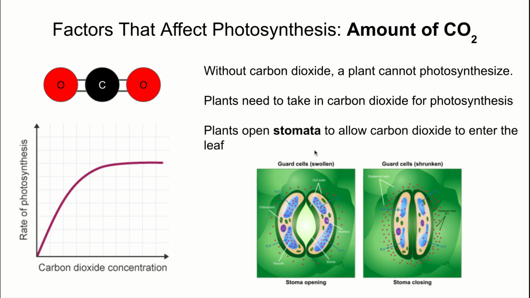Plants open their stomata to allow carbon dioxide to enter the leaf. Remember those stomata on the underside of a leaf? They open up so that carbon dioxide from the air can move into the leaf. And again, take a look at this graph. This graph shows us that as we give plants more and more carbon dioxide, the rate of photosynthesis increases and increases until it reaches its maximum speed.